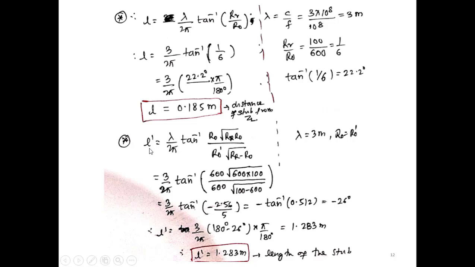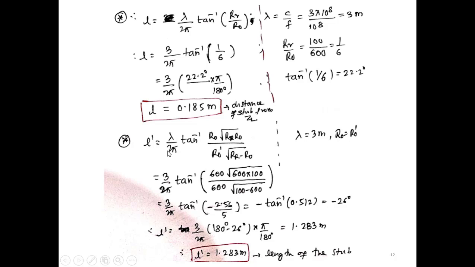And the length of the stub L dash is given by lambda by 2 pi tan inverse of R0 square root of RR R0 whole divided by R0 dash square root of RR minus R0. Again, we have calculated lambda is equal to 3 meter, and given R0 is equal to R0 dash.